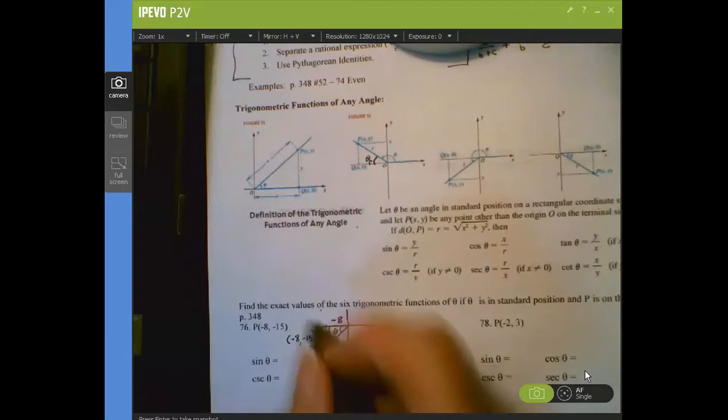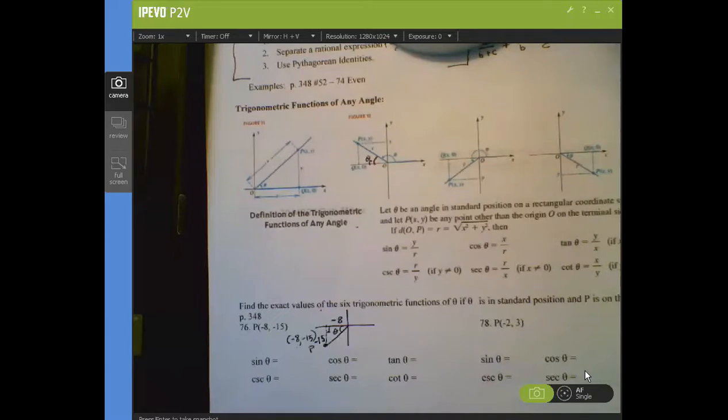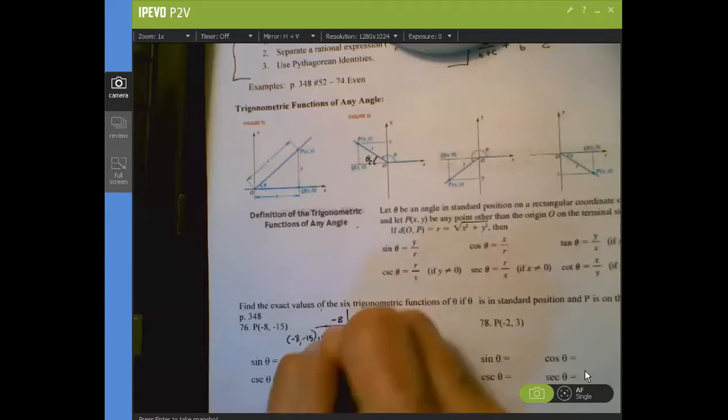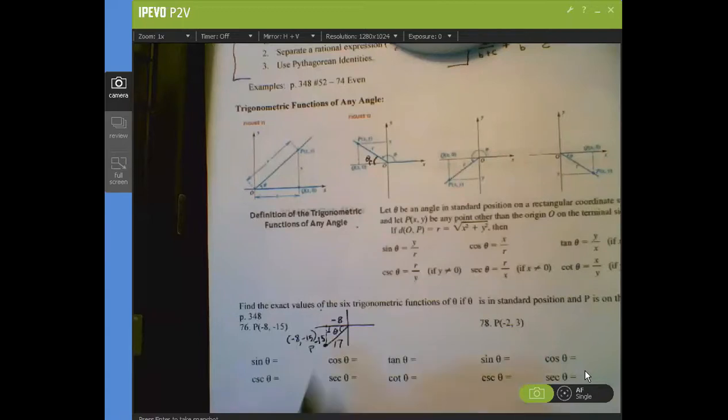So I'm going to label it -15. And then we can find the length of the hypotenuse by the Pythagorean theorem. The length of the hypotenuse would be the square root of 64 plus 225. That's the square root of 289, and that's 17. So we have a -8, -15, 17 Pythagorean triple.